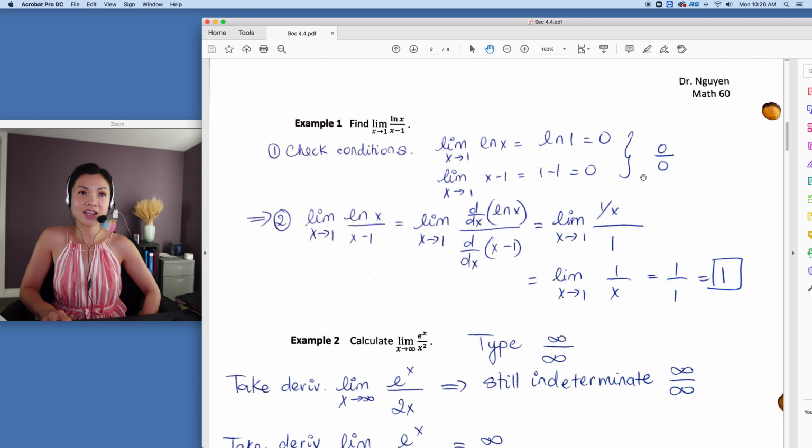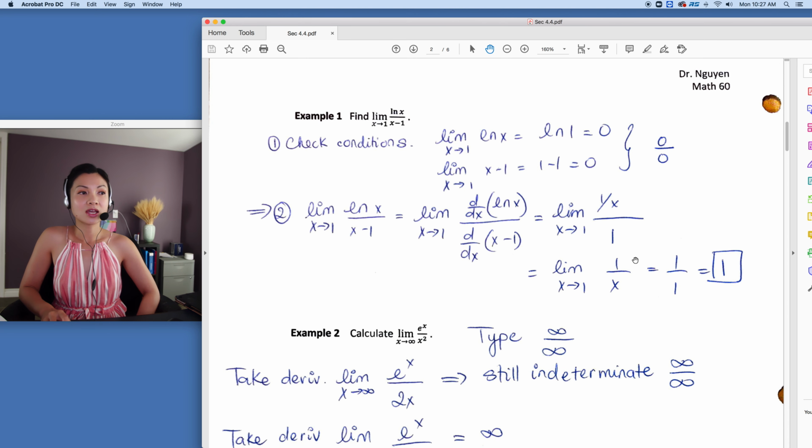Therefore, you can apply L'Hopital. I take the derivative of ln x and the derivative of x minus 1. The limit on top is 1 over x, and on the bottom it's just 1. So you simplify it, you get 1 over 1, which is 1.